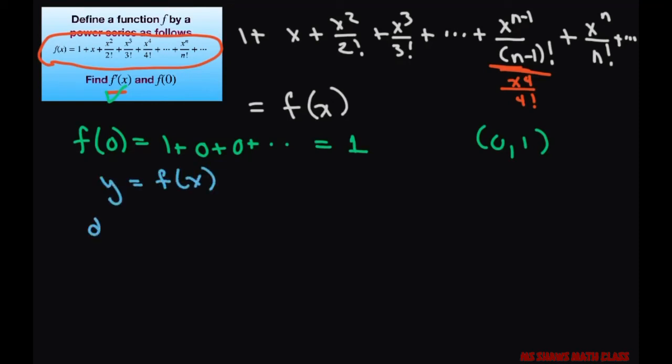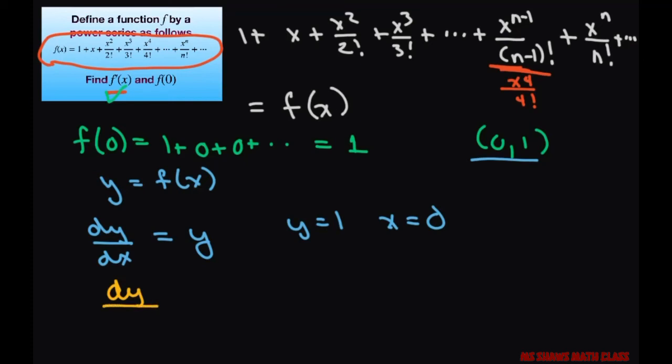Then the derivative of y with respect to x equals y, and y equals 1 when x equals 0, given here. Now the differential equation is separable, so we can write this as dy divided by y equals dx.